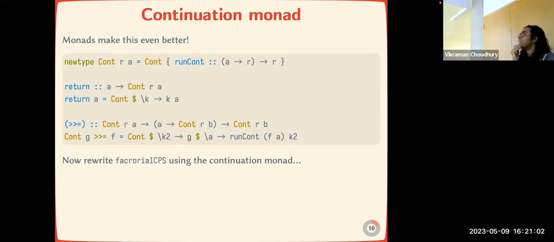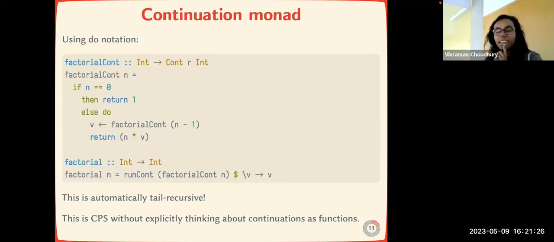Okay, this is still complicated, and the next step is to think about the continuation monad. Int to R is usually how you do CPS, so that common pattern, A to R, gives you the continuation monad. Haskell has very good support for monads, so you can define this monad, and it has a return and a bind, and it's very easy to implement. Once you have a continuation monad, you can write your CPS factorial just as int to Cont R int.